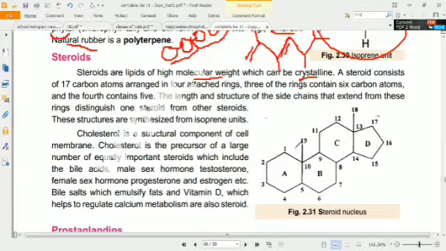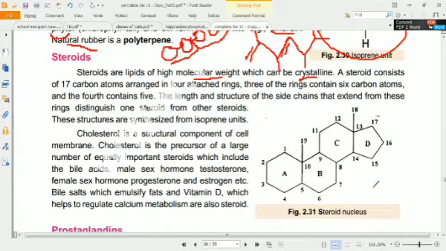The length and structure of the side chains that extend from these rings distinguish one steroid from another. But if we talk about cholesterol, cholesterol is a steroid, and actually it is the precursor of a large number of equally important steroids.